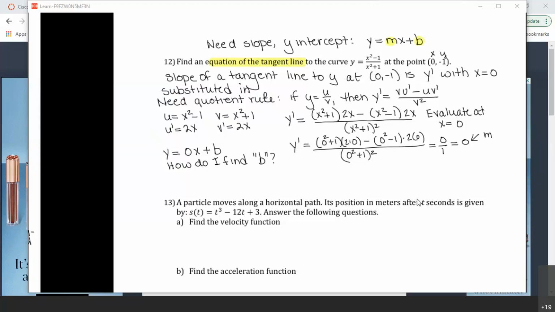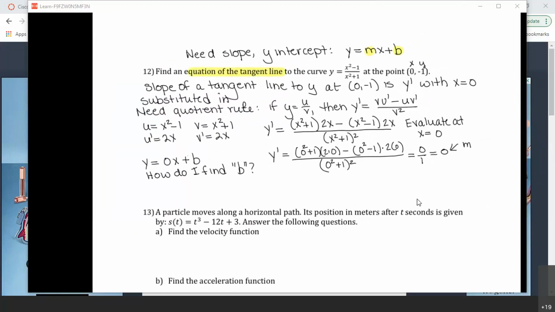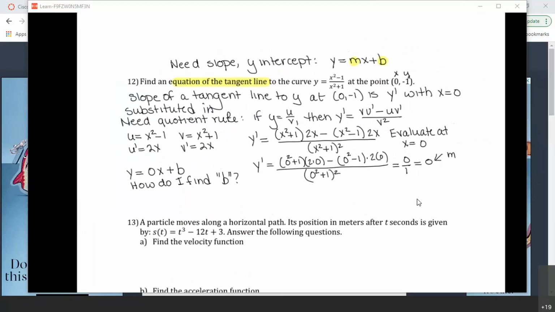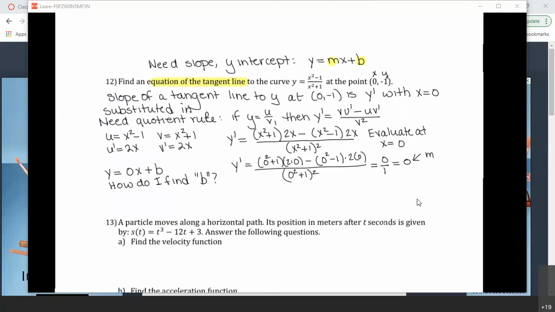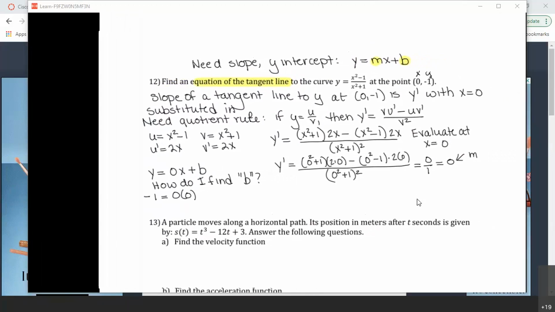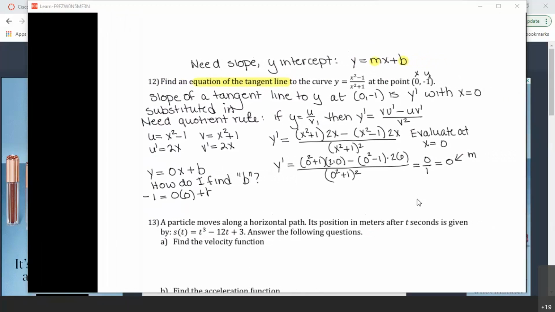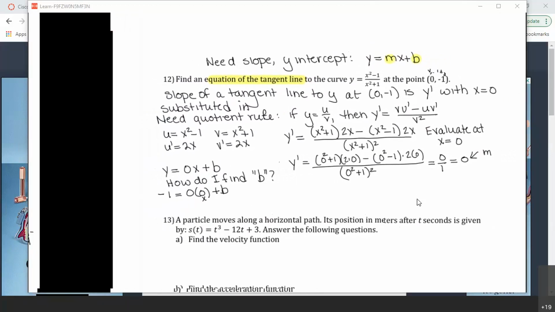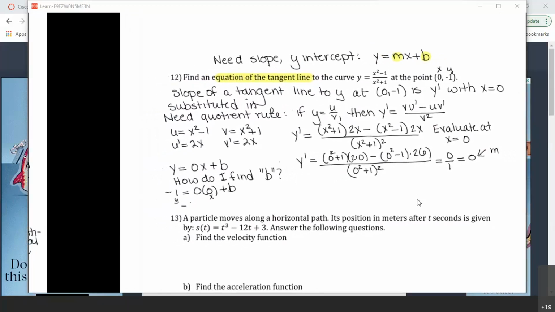You've got another piece of information here. Yeah, y is your b, exactly. So what you're going to do is take the ordered pair that's been given to you, which is y is negative 1, x is 0, not that it matters because your slope is 0. So here's your x, here's your y, and you get negative 1 equals b.